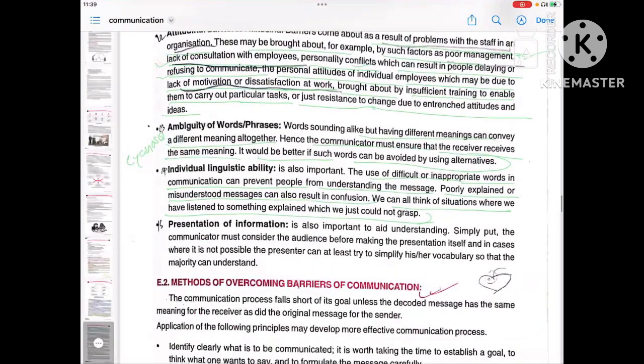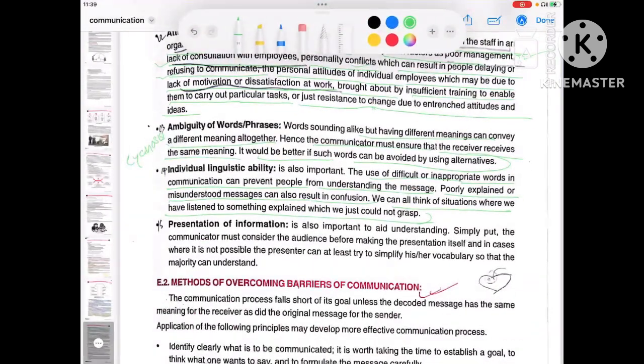The last one is the presentation of information, which is important to aid understanding. Simply put, the communicator must consider the audience before making the presentation itself. In cases where it is not possible, the presenter can at least try to simplify his or her vocabulary so that the majority can understand.